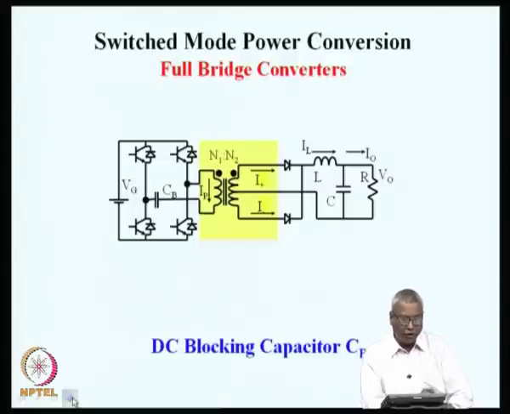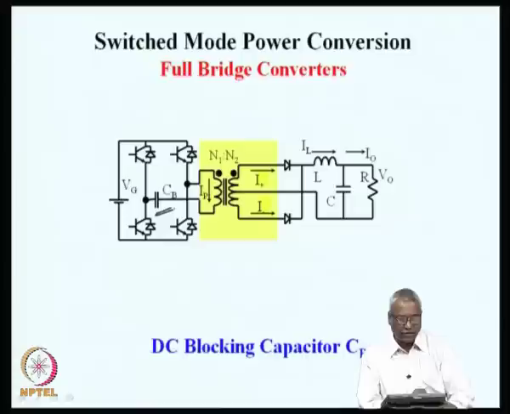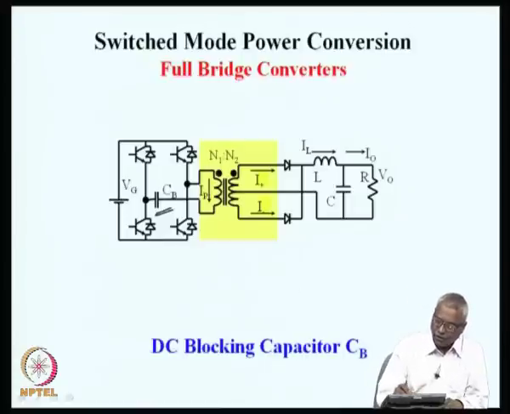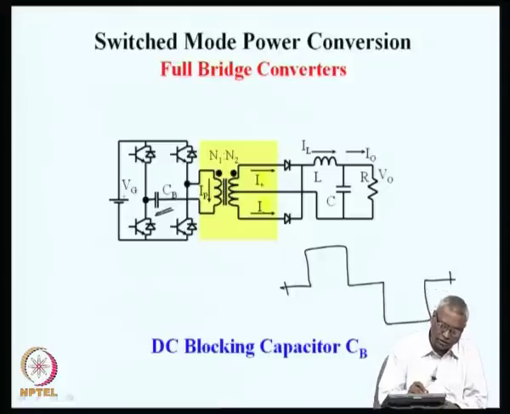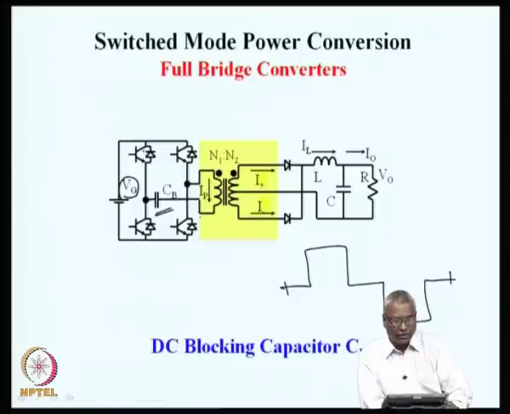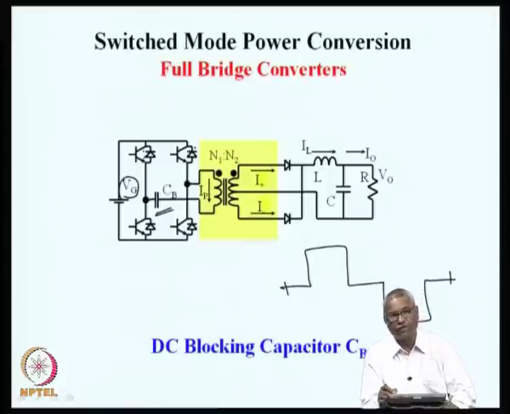Now, the DC blocking capacitor Cb has a very special function. Even if the on periods of the switches are equal and the source voltage is a certain value, the actual voltage applied to the transformer is the supply voltage minus 2 device drops on the positive side, and similarly the supply voltage minus 2 device drops on the negative side.